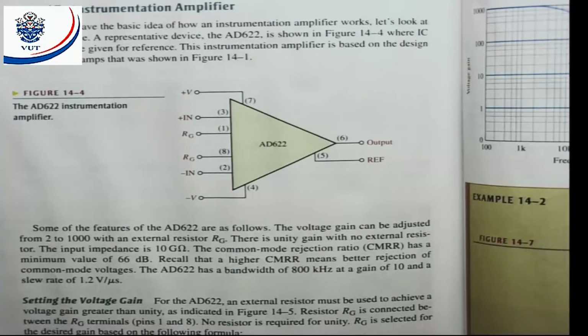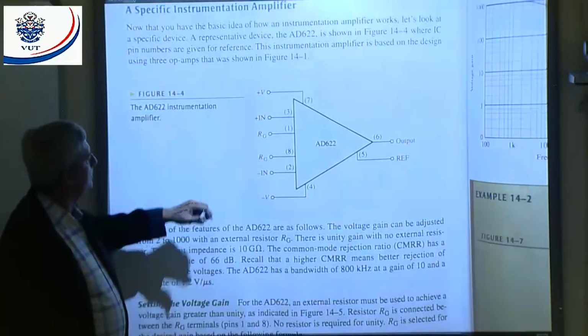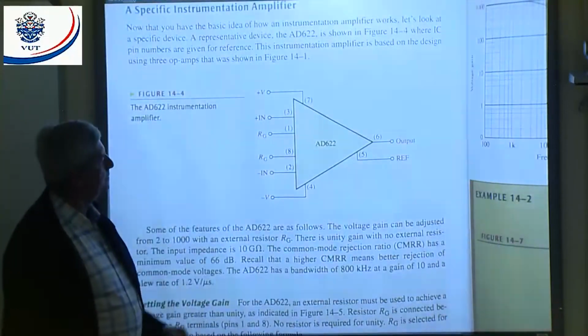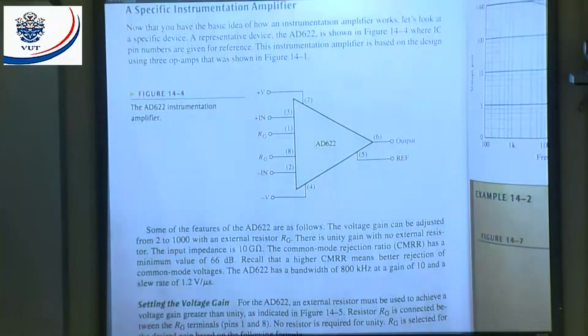A representative device, the AD622, is shown in figure 14.4, where the IC pins are given for reference. The instrumentation amplifier is based on the design using 3 op amps that was shown in figure 14.1. All right. You can see here, there is my one input, my other input, my gain setting resistance, my positive supply, my negative supply, my output, and my reference.